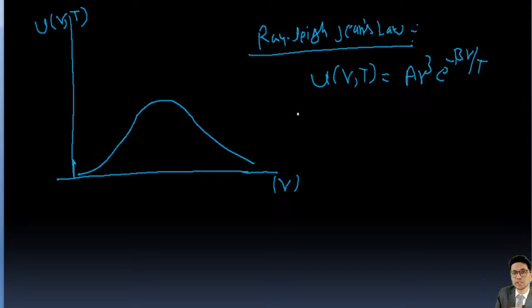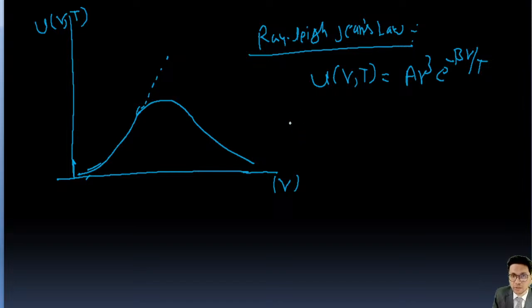This is Rayleigh's law, and it was able to explain only this part of the curve. Means at low frequency, Rayleigh's law is valid. So at low frequency, they are able to explain this part of the curve. Only this part of the curve Rayleigh's law was able to explain.